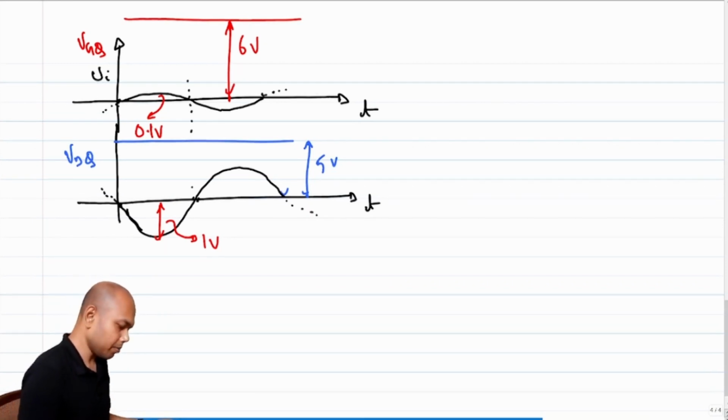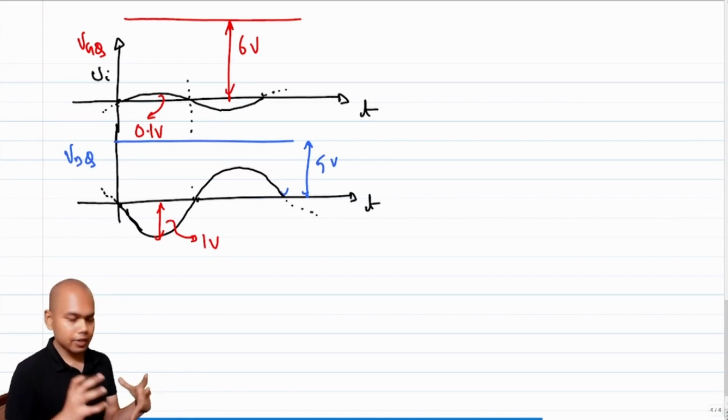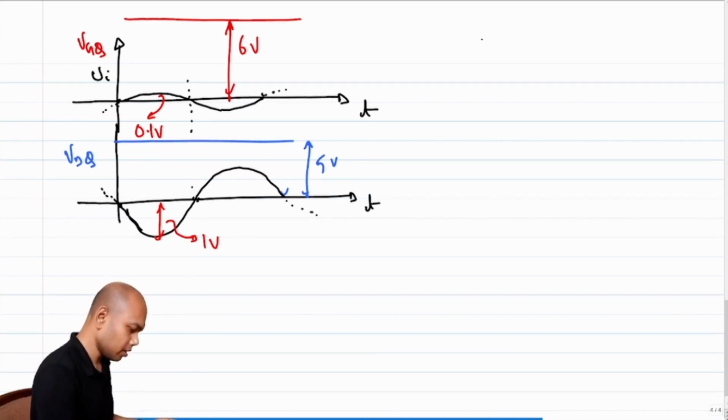Clearly there is a problem, because now if I see the total gate voltage and the total drain voltage, what do I notice? So the total gate voltage, let's say now I'm plotting the total gate voltage, that is Vg.